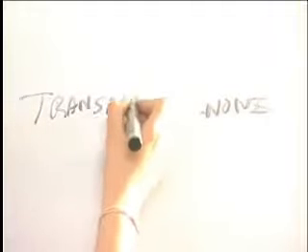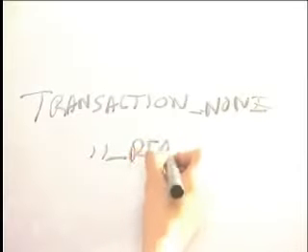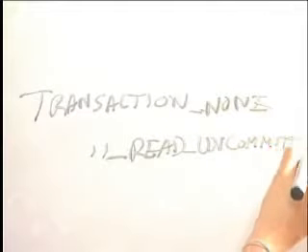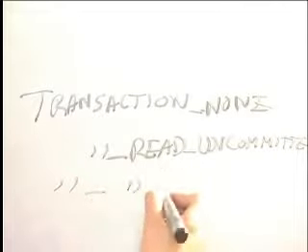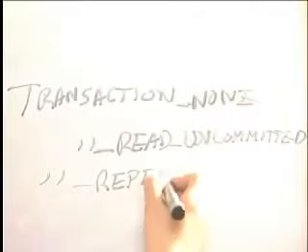Of course, all this has to be in capitals because they are static final variables. TRANSACTION_READ_UNCOMMITTED, TRANSACTION_READ_COMMITTED, sorry, TRANSACTION_REPEATABLE_READ, and TRANSACTION_SERIALIZABLE.